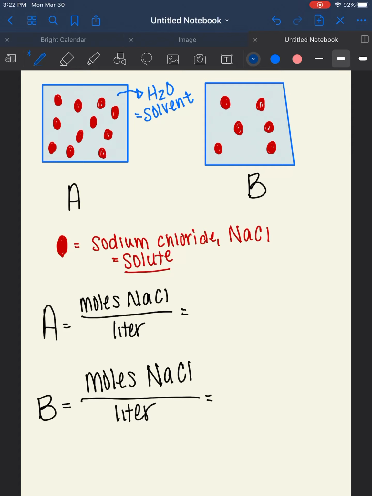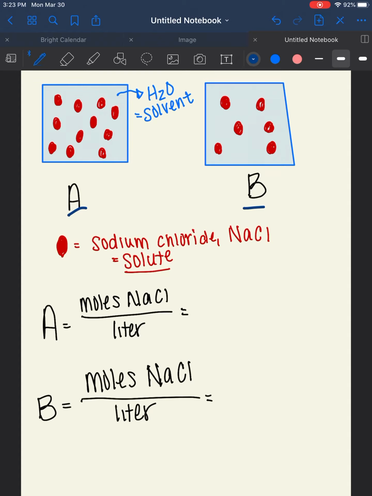In your question of the day, you had something that looks similar to this. My drawings aren't as pretty as the picture that I uploaded, but you have solution A and solution B. In solution A, we're going to say it's a sodium chloride or salt solution.